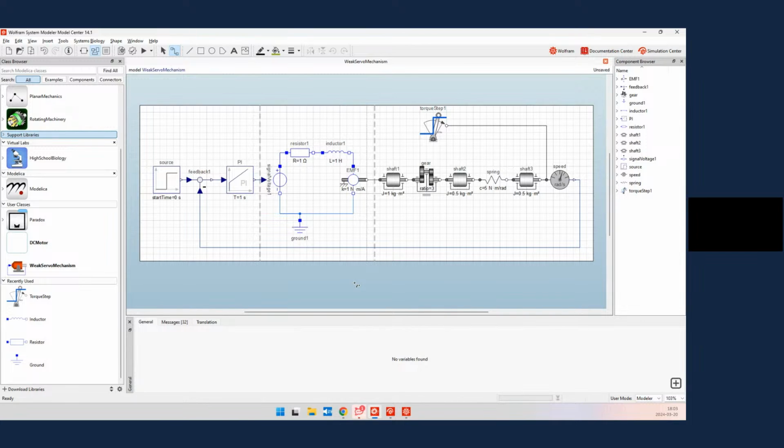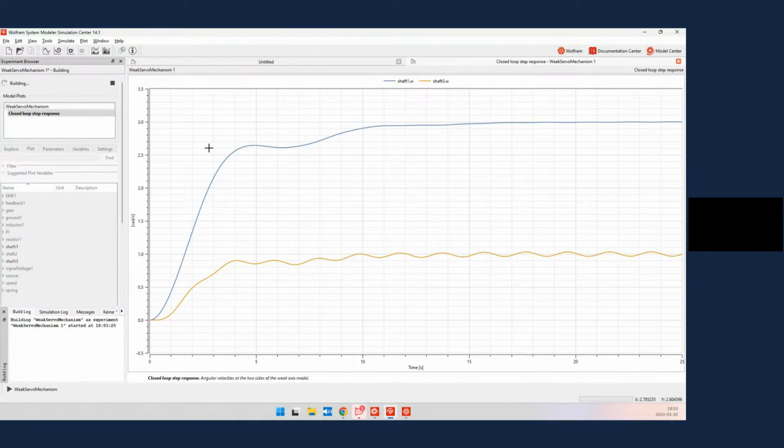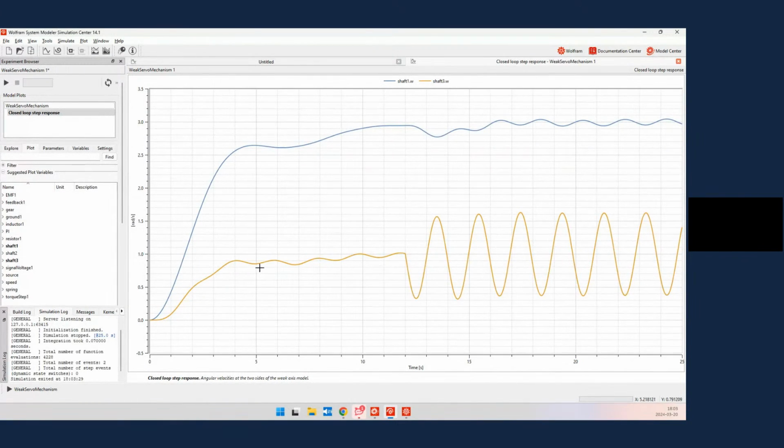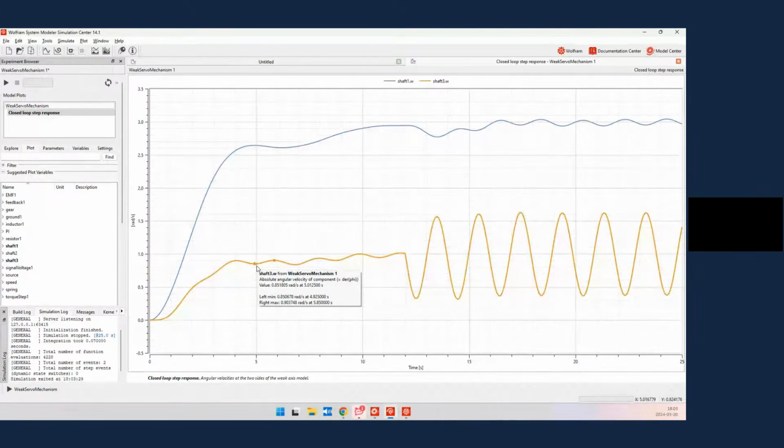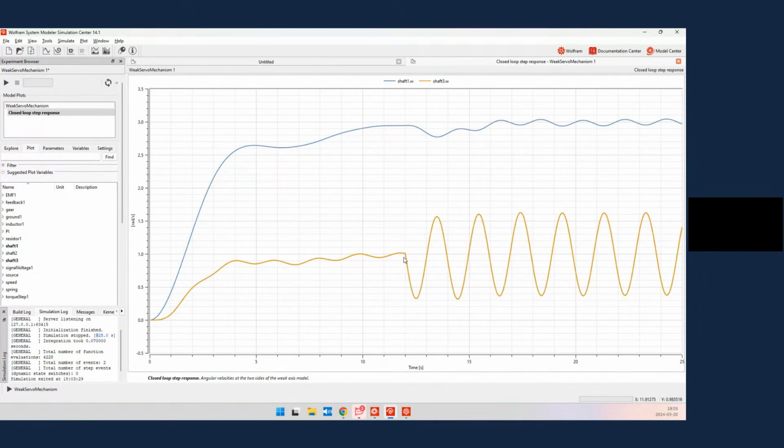So that's the way you would build a model, and then you would simulate it. Here we have a pre-run that I ran just before, and now we're getting the update, and we can see the difference. Everything changed from this point on, because I added this torque. Apparently the shaft is so weak that it starts to oscillate and doesn't manage to control the system well.